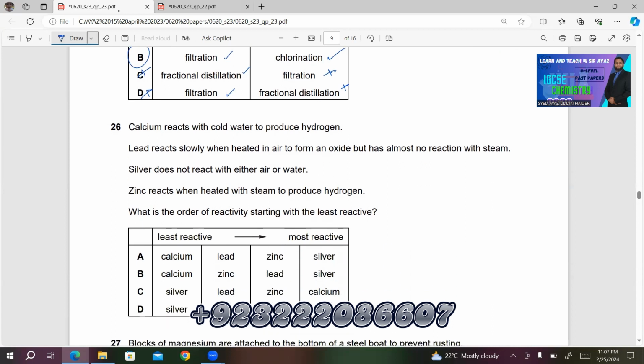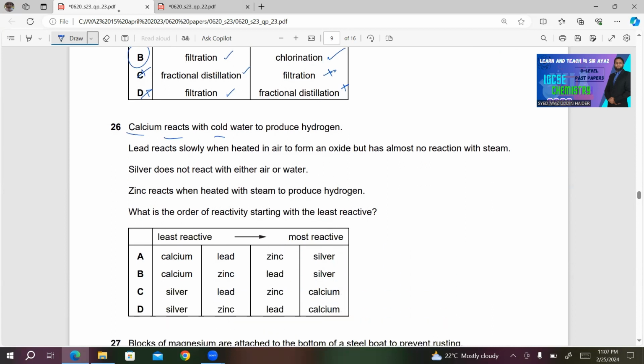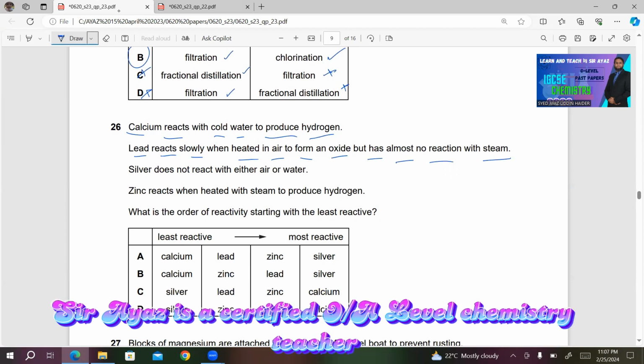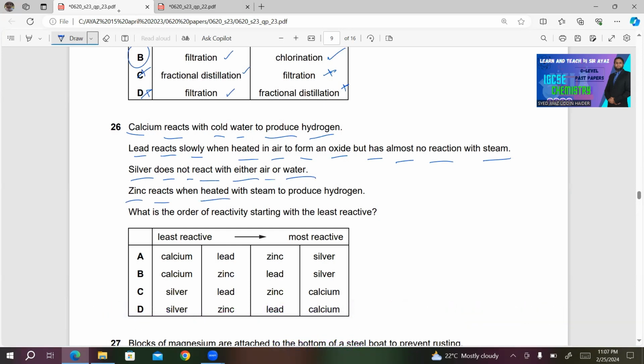26. Calcium reacts with cold water to produce hydrogen. Lead reacts slowly when heated in air to form an oxide but has almost no reaction with steam. Silver does not react with either air or water. Zinc reacts when heated with steam to produce hydrogen.